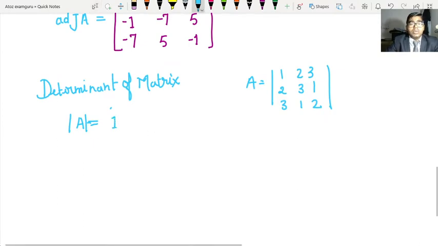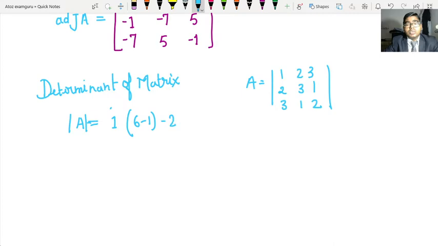You multiply 1, and for 1 remove this row and column and multiply the rest: 6 minus 1, and write a negative sign, it is a convention. Then remove this and this, it is 4 minus 3. For the next, remove this and this, 4 minus 3, and write 3 with this and this, 2 minus 9.